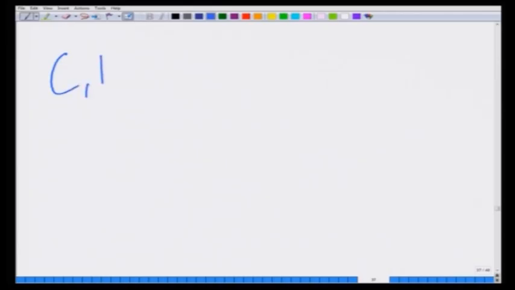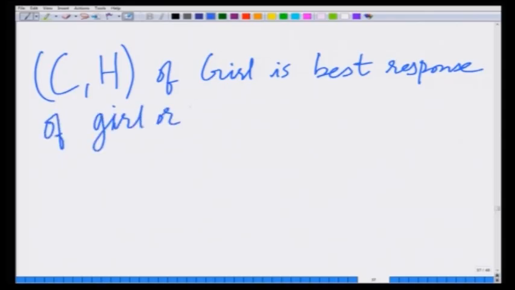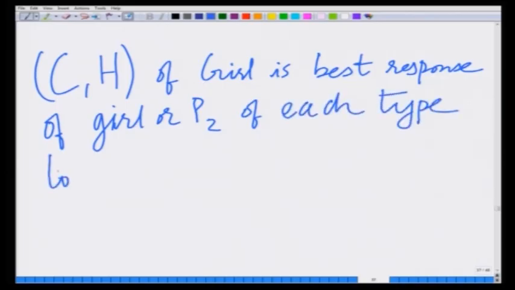So, C comma H of the girl is the best response of the girl, or player 2, of each type to C of the boy.